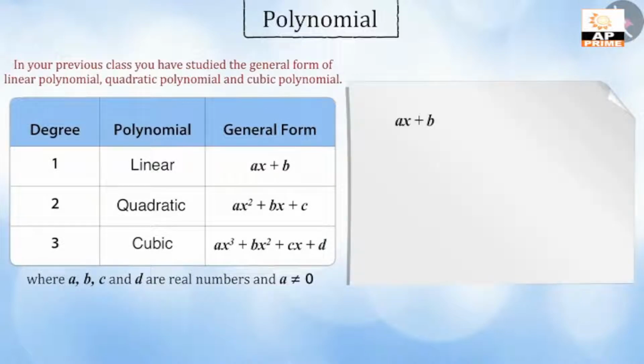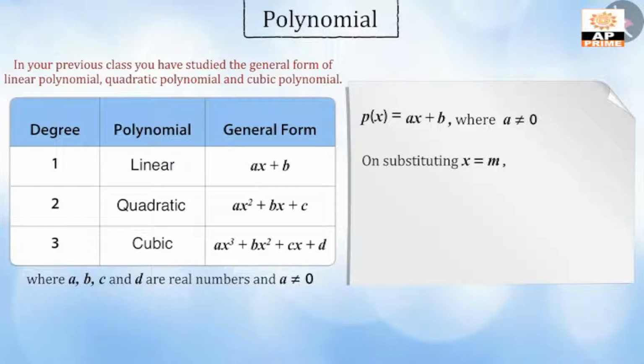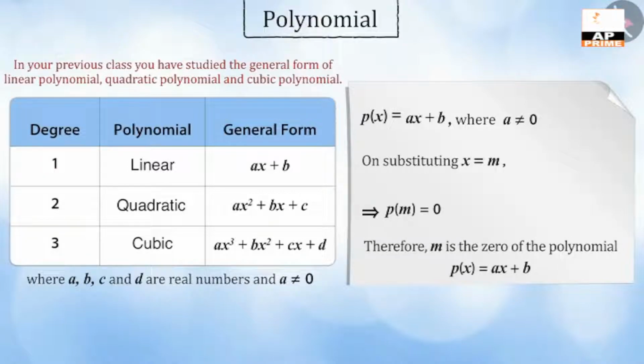Consider a linear polynomial p of x equal to ax plus b. Here, on substituting x with any real number m, if the value of the polynomial becomes equal to 0, then m is called the zero of the polynomial p of x.